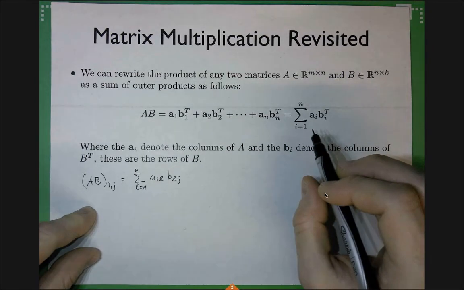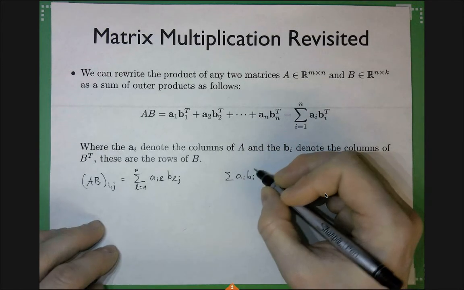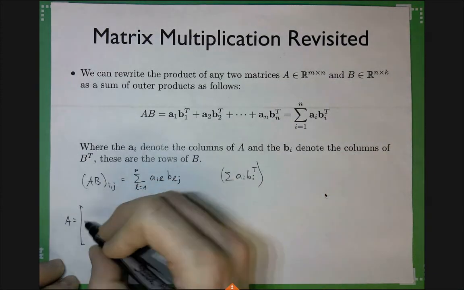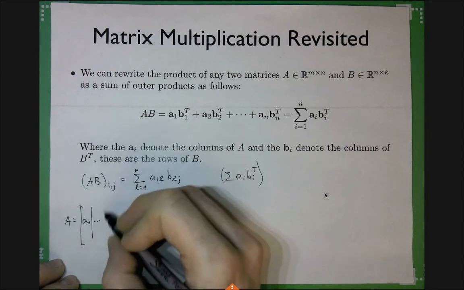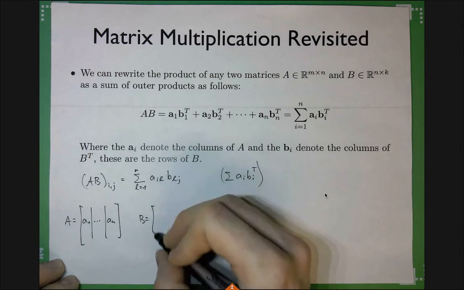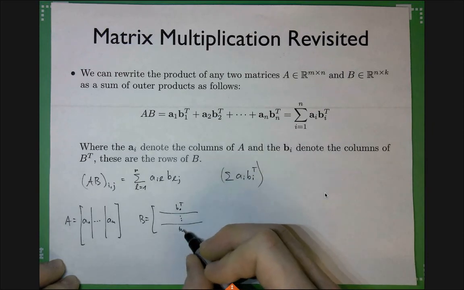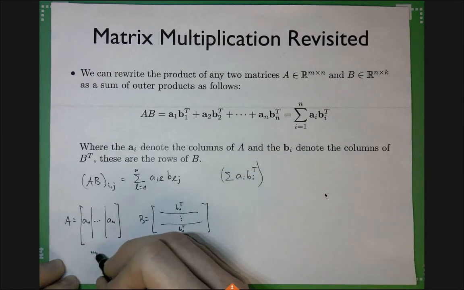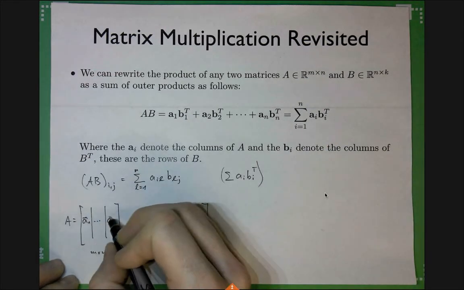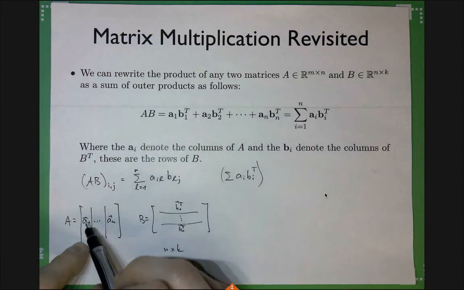Now what I have here is the sum of outer products of Ai, Bi transpose. Maybe I should describe what I mean by that. The A's are the columns of matrix A, which is what I'm drawing here, and the B's are the rows, B1 transpose, and so on up to Bn transpose, because this one is M by N and this one is N by K. So the A's are the columns, the B's are the rows, and this is doing the individual outer products.